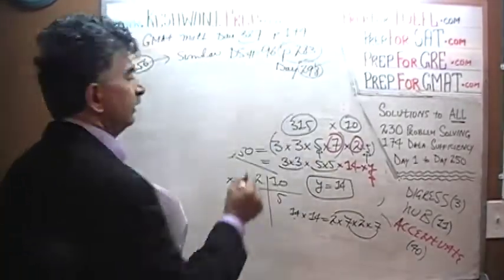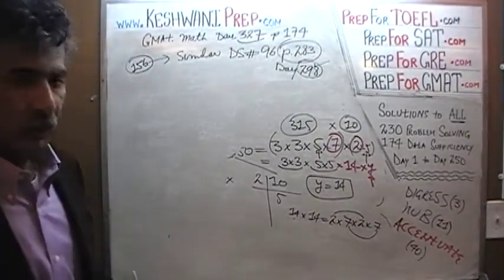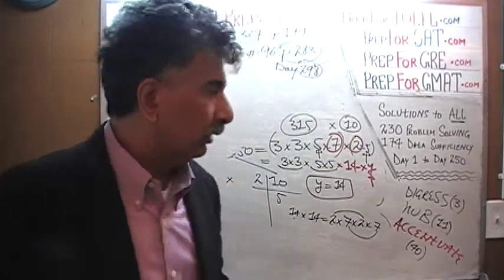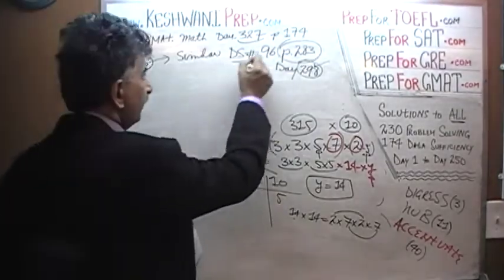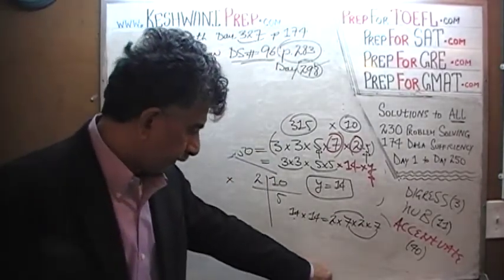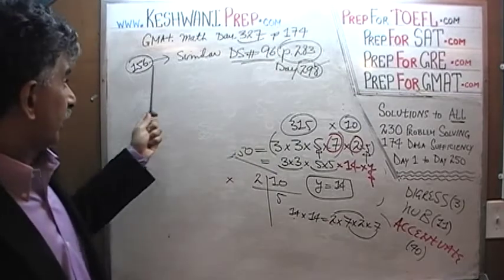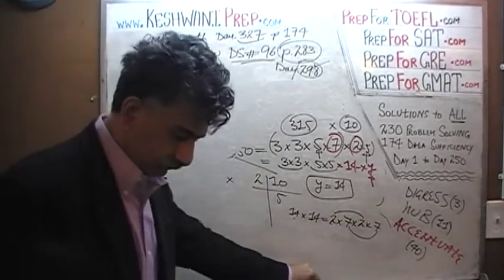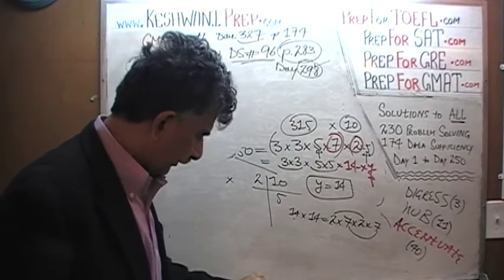We are at day number 327. If you watch day 298, in that video we did this problem, and I want you to compare that problem with the problem that we are about to do. They are very similar.